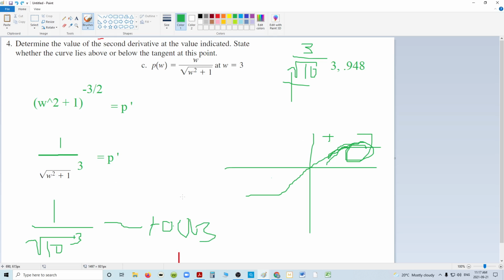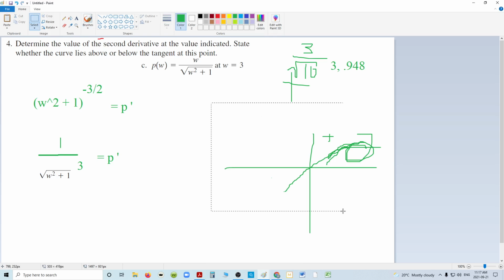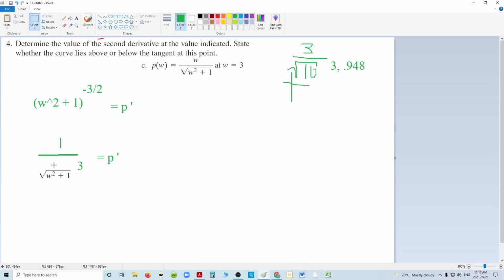Now let's take the second derivative. Let's try this again. We're going to use this form so that we only have to use the chain rule. So this goes down in front. I get minus 3 over 2.